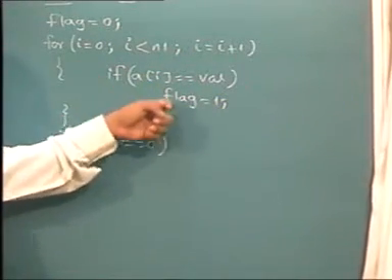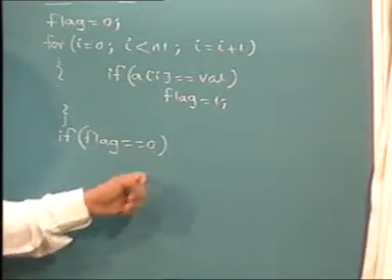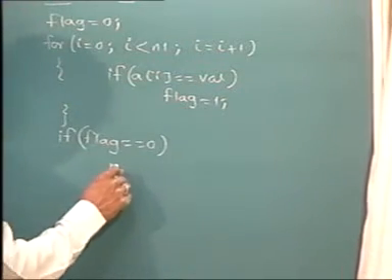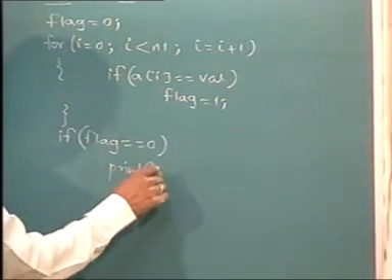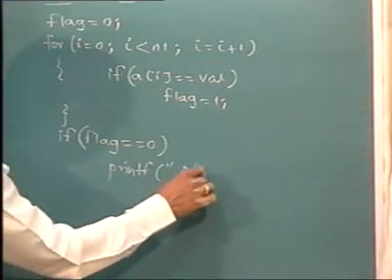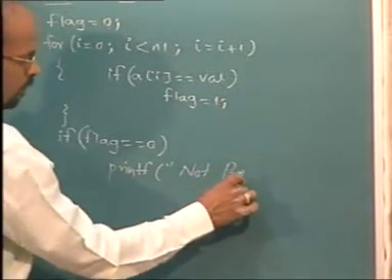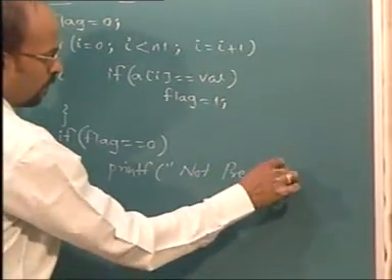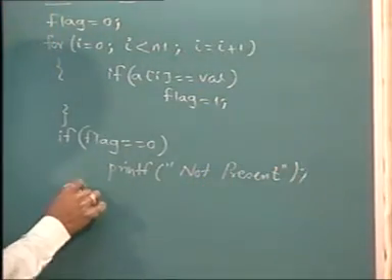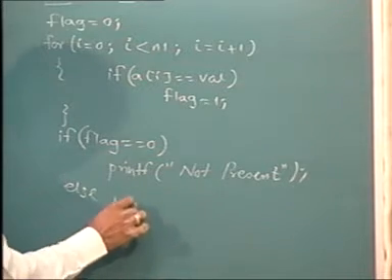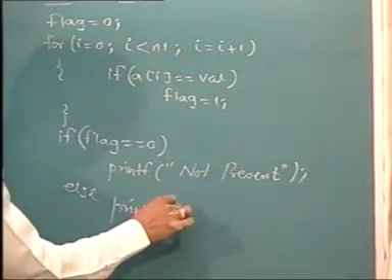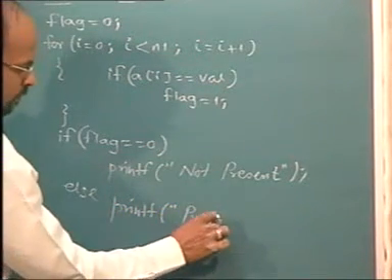Okay, so flag remaining 0, I can say printf it is not present. Else it is present.